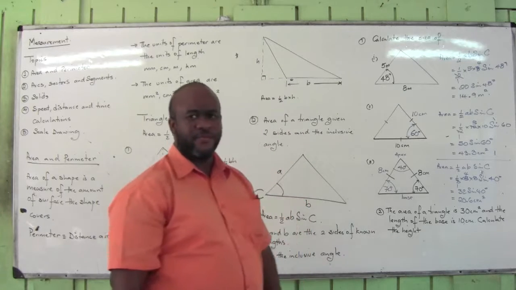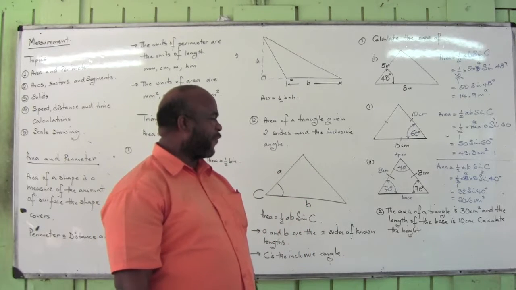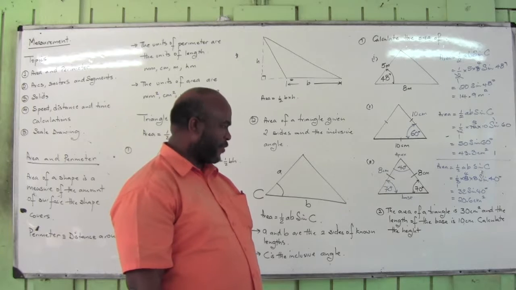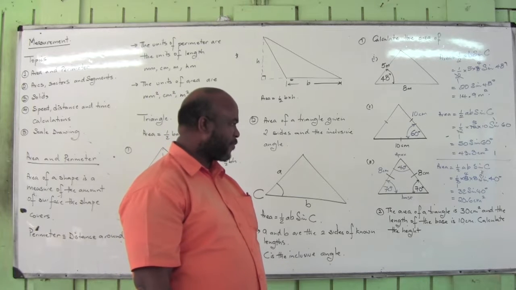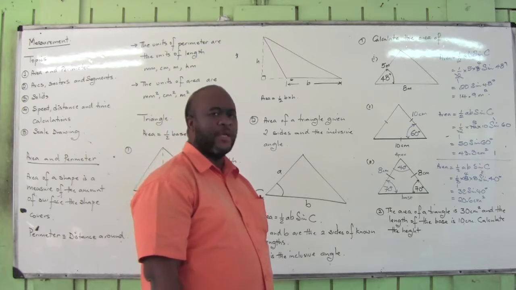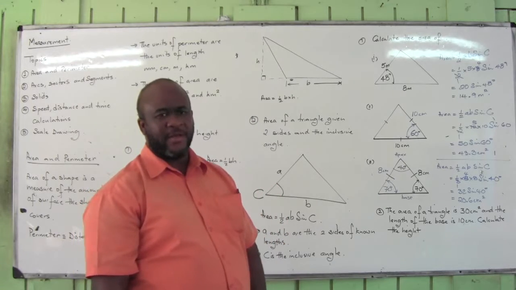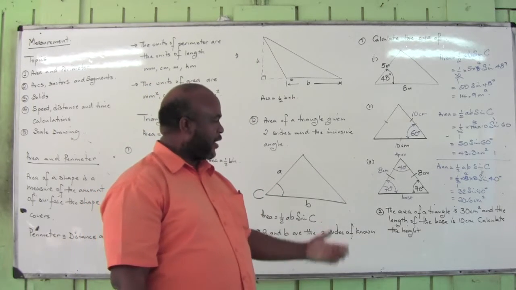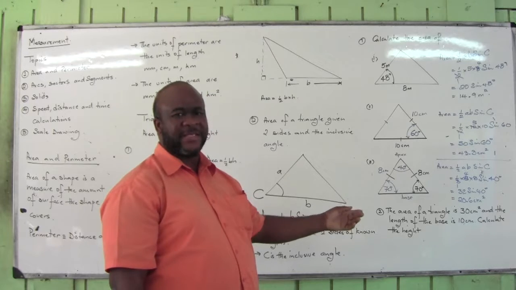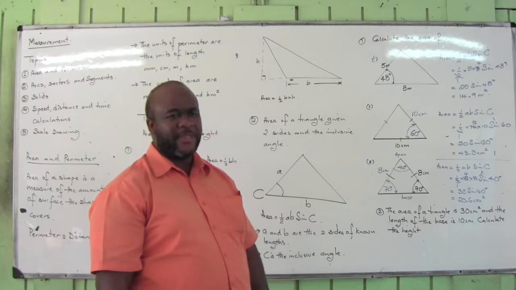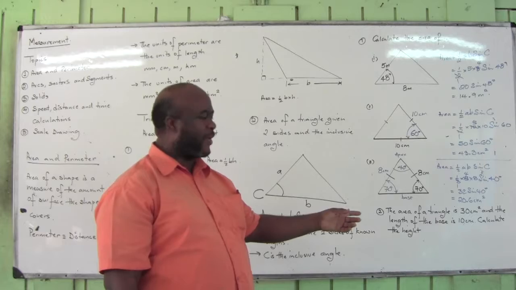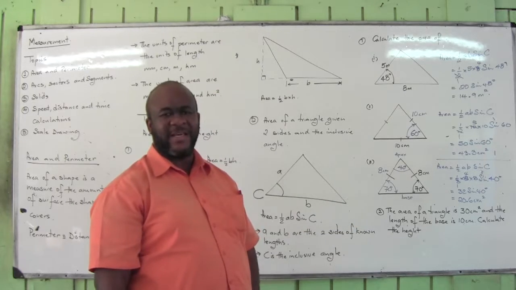Number 2 says area for a triangle. Ladies and gentlemen, normally you're given the length and the base and asked to find the area. In this instance, you're given the area and the base and asked to calculate the height.